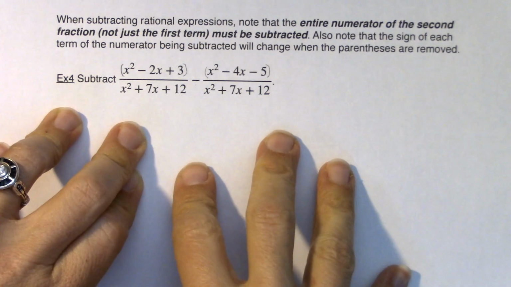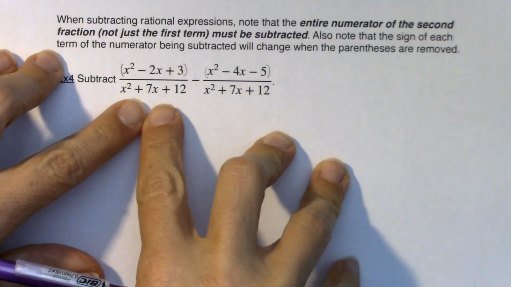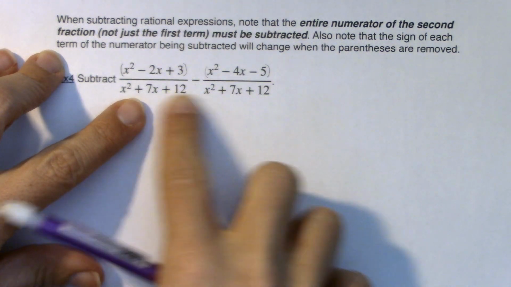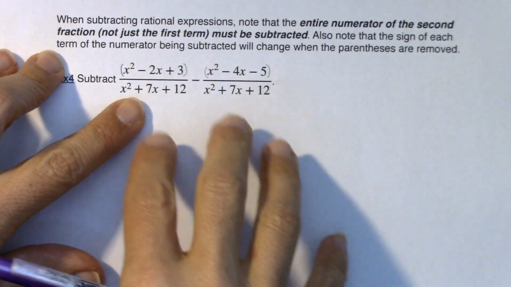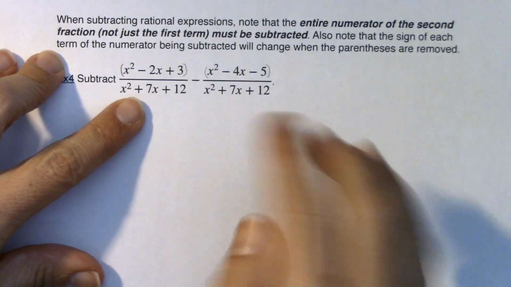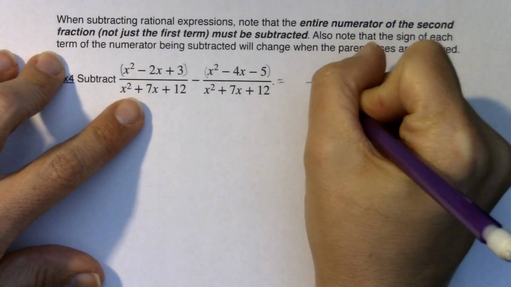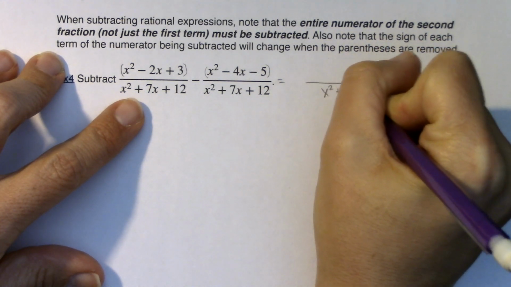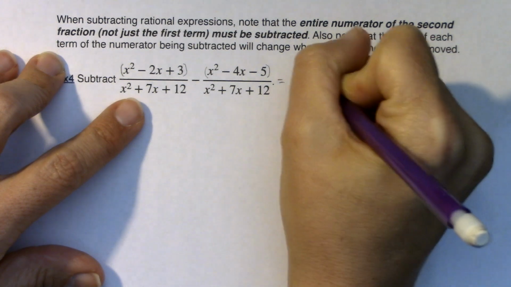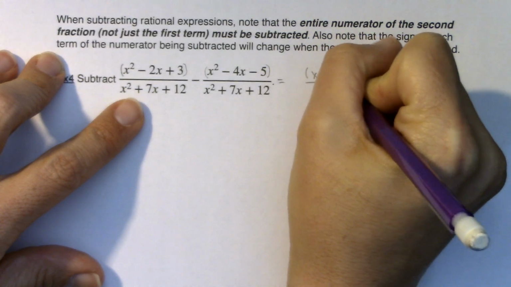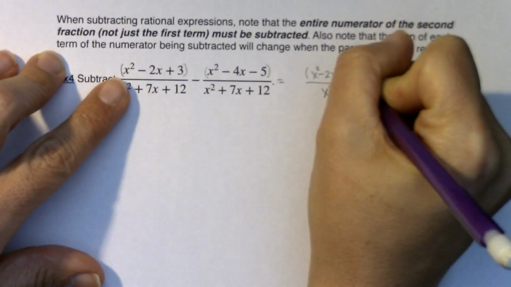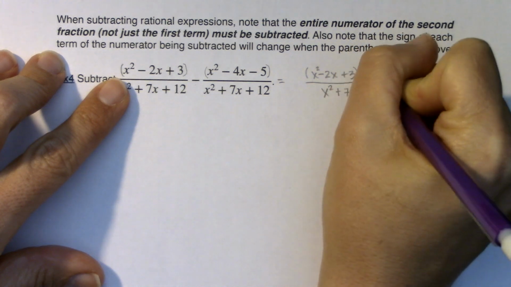Ooh, that is a terrible parentheses. All right, so when it comes to fractions, your first game plan is to make sure you've got common denominators, and I do, right? The first few examples, the denominators are already common, so you're in good shape there. So I'm gonna keep this common denominator of x squared plus 7x plus 12, and then I'll just combine, oops, I forgot the squared term, excuse me, combine these numerators.